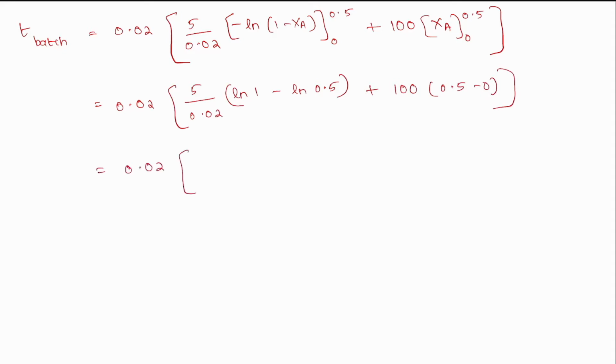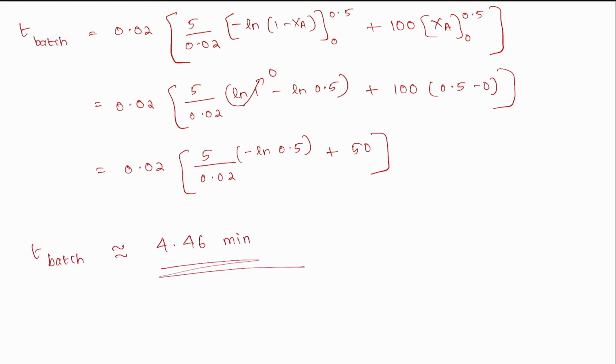Ln 1 will be 0. So it will only be minus ln 0.5 plus 50. So do the mathematical operations for this and we'll get the final answer as t batch is equal to 4.46 minutes. Thank you.